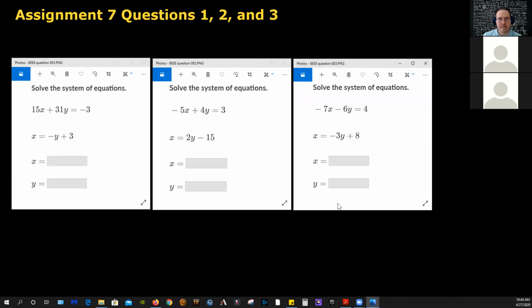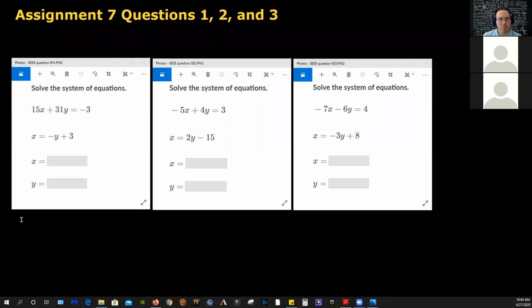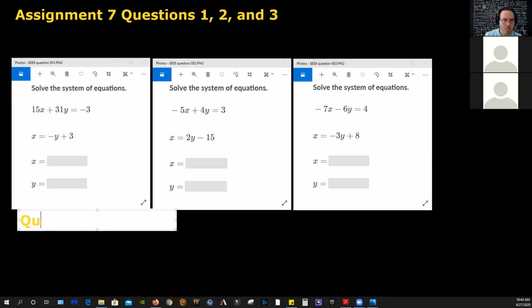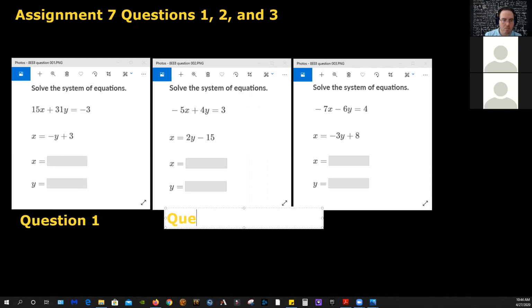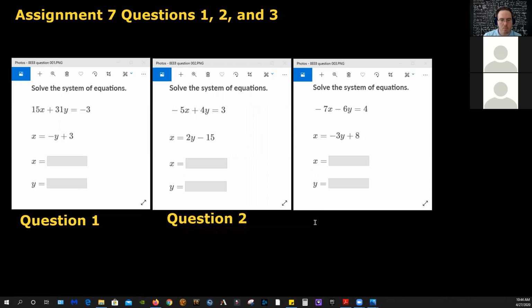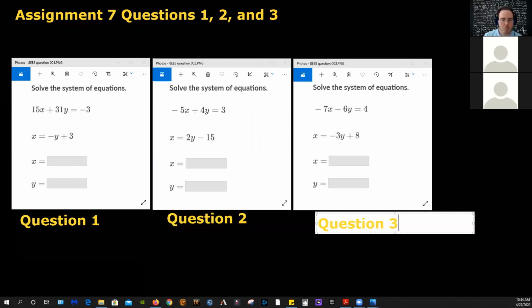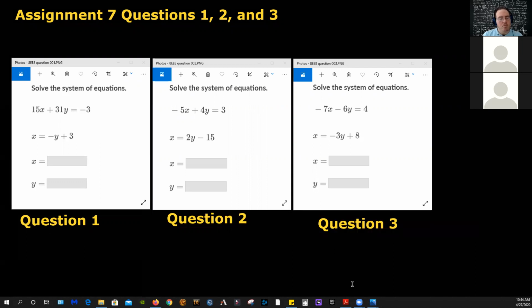Let me know if you guys can't see 1 because it's being covered up by our pictures. And there they are.